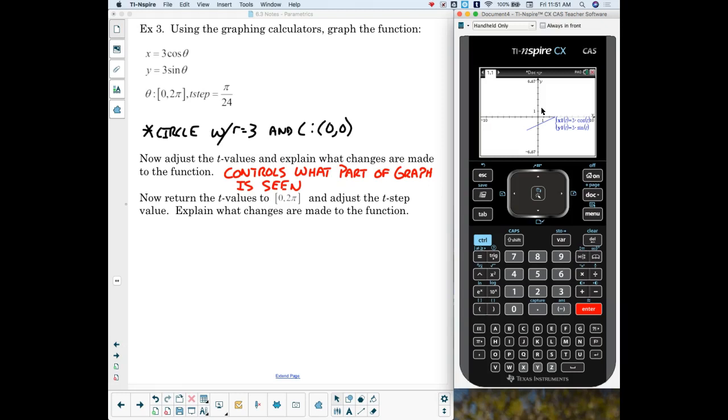What the t-step does is it determines how many times the calculator calculates the values. If you think about yesterday when we were doing these by hand, our t-step yesterday was 1.